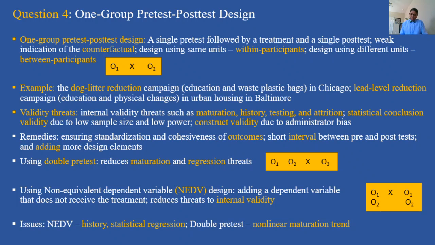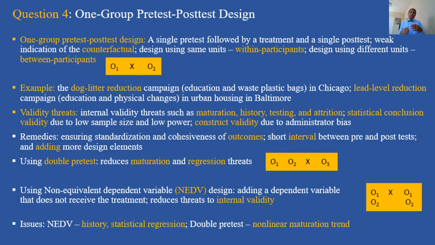Now, what this shows is, though this is a non-equivalent dependent variable, there are some similarities between O2 and O1. So any change in O2 will be due to other factors than the treatment, as the treatment was not given to O2.